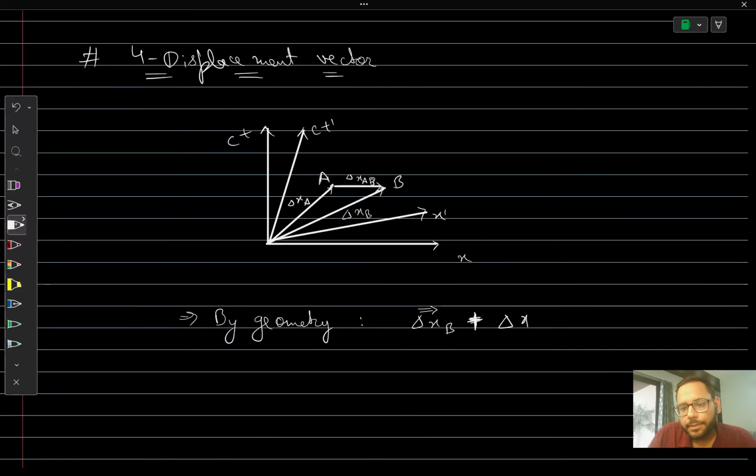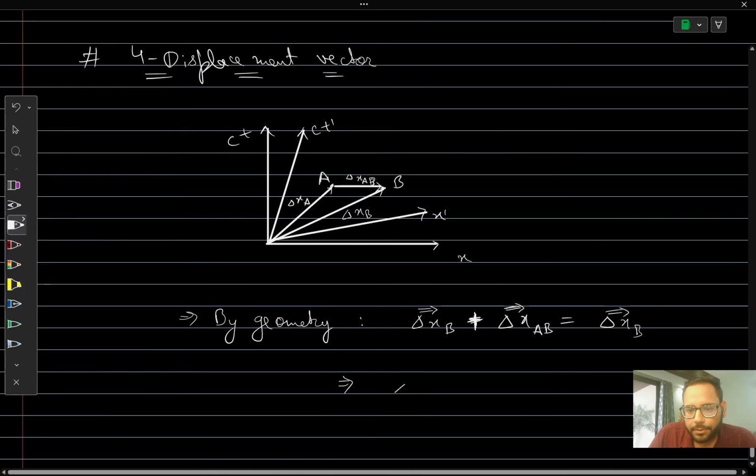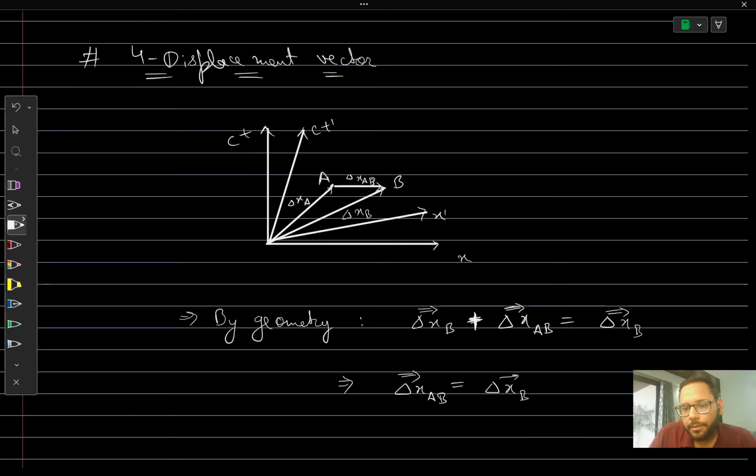This is the displacement 4 vector. So you see the displacement between points A and B can be written as the displacement 4 vector of B minus the displacement 4 vector of A.